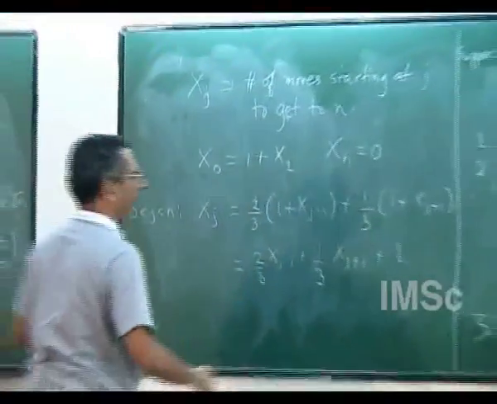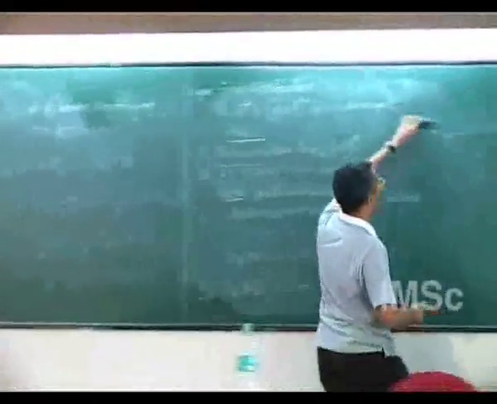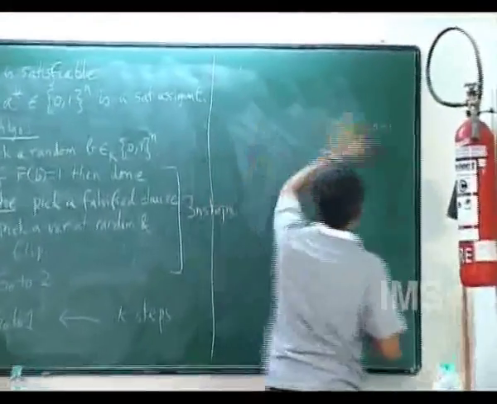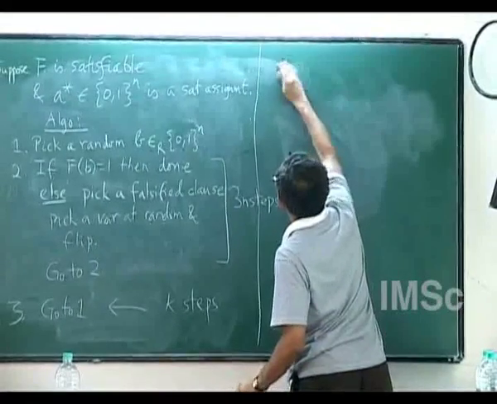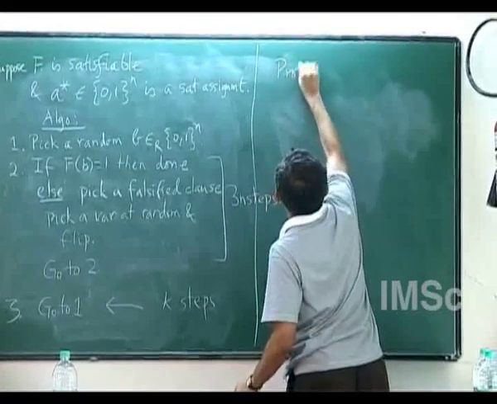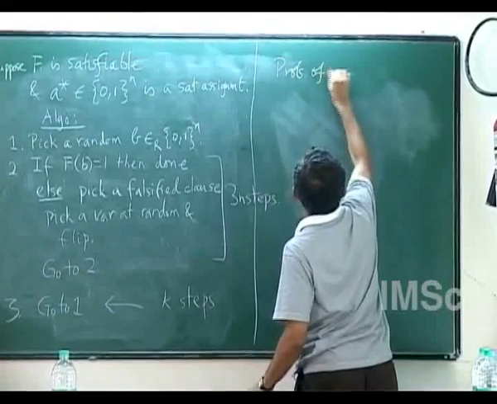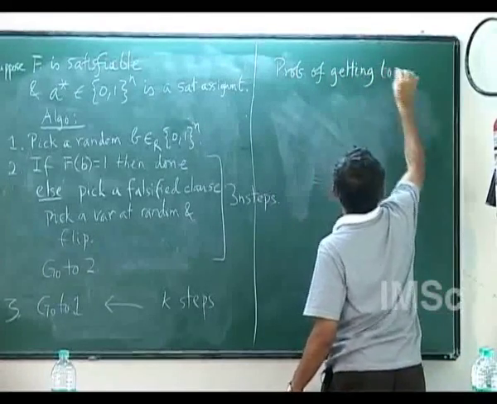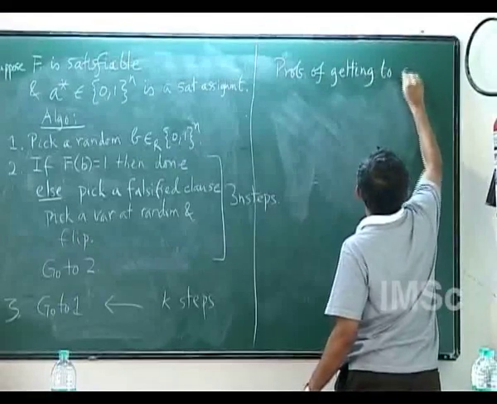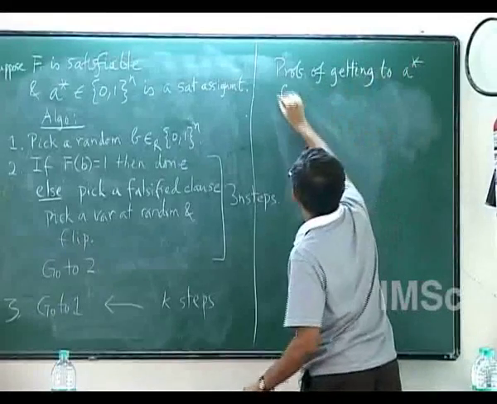Because you are starting at a random assignment, what is the expected probability of getting to A star from a random assignment?